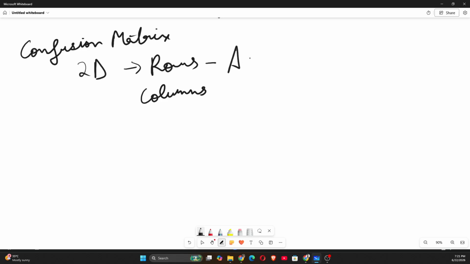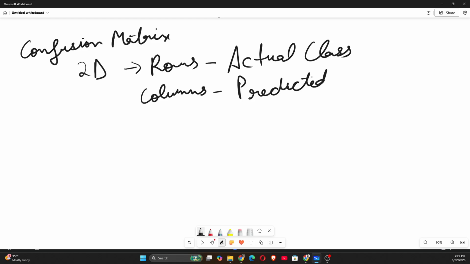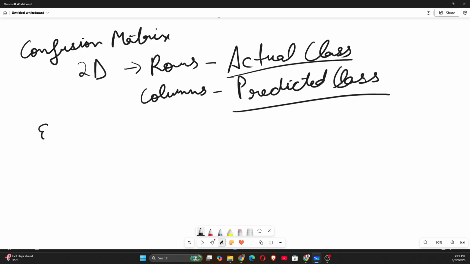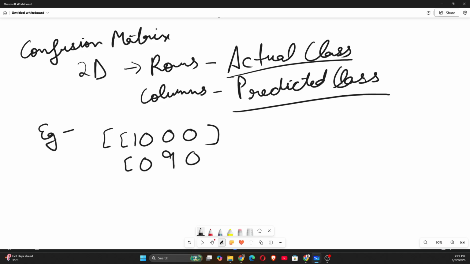Rows tell us the actual class and columns tell us the predicted class. That is, the actual one and what the model has predicted. I will take the example of the output which was coming over here. It was something like 10 0 0, 0 9 0, 0 0 11. These are the columns and these are the rows.